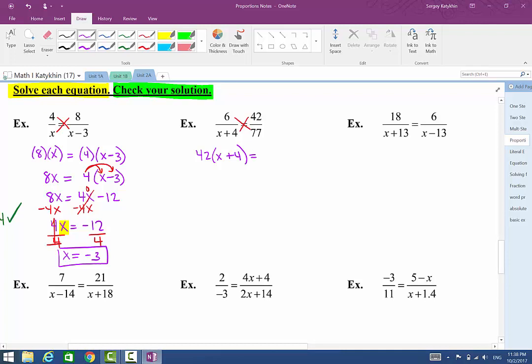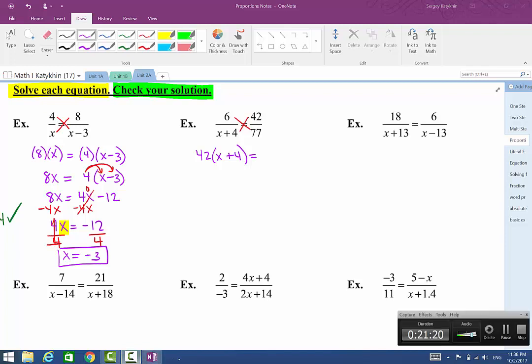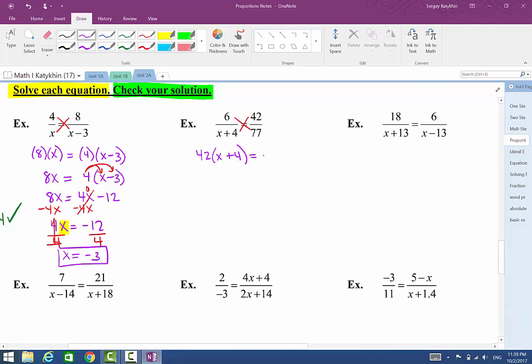Now, you can definitely use your calculator if you need to figure that out. 6 times 77 will be 462. Now, I used the calculator to make sure that was the correct answer.